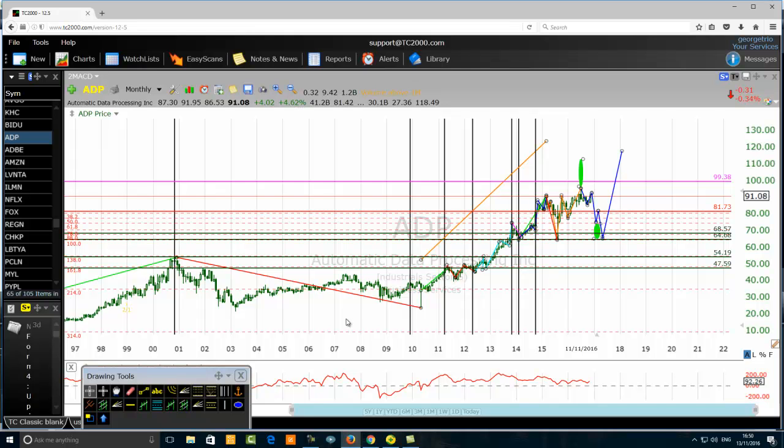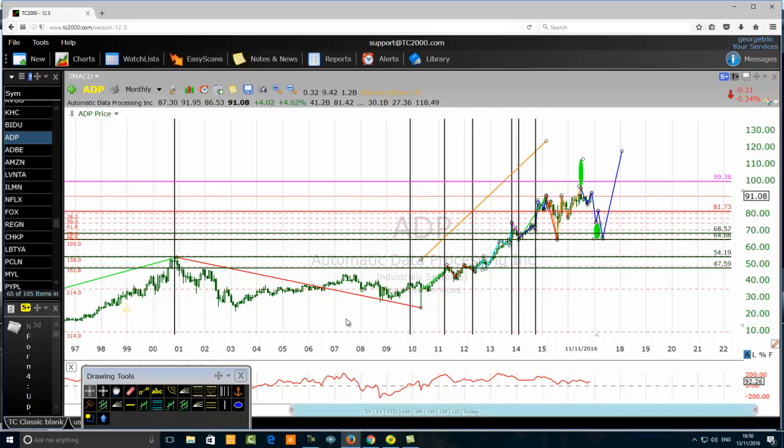Automatic Data Processing stock, ADP. If you trade Forex, you should know ADP. We have ADP data on the first Wednesday of the month, and that data comes before the real unemployment data on the first Friday of the month. That's why we say trading the first week of the month is quite challenging.